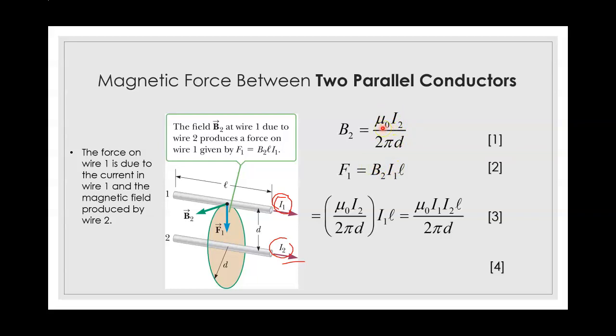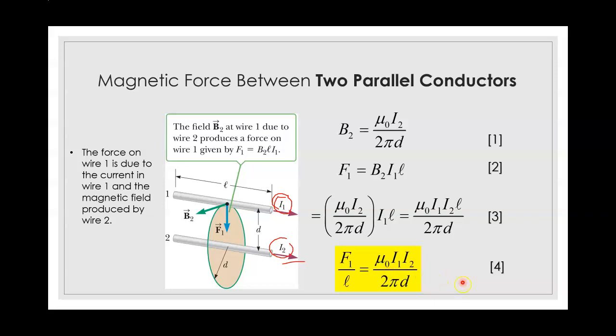So we can rewrite kita punya equation as shown here. Okay, kita arrange dia balik. B2 ini tadi kita masukkan di dalam ini, so you will get this equation. The direction of F1 is downward, toward wire 2, as you can determine by using right hand rule number 1.